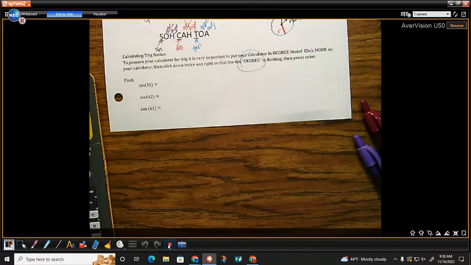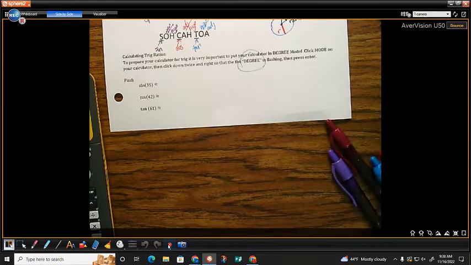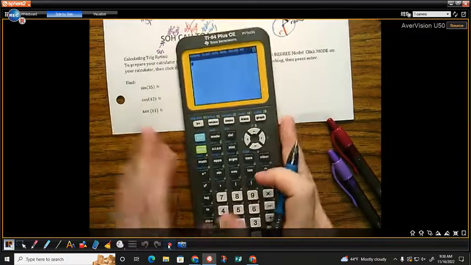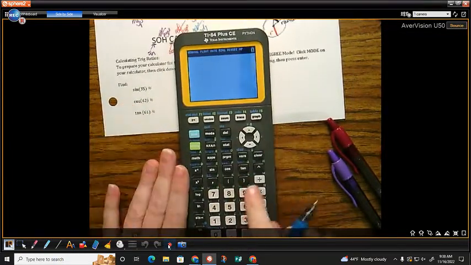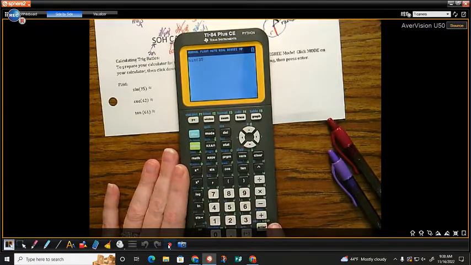What are we rounding to here? Let's go with 3 decimal places. I'm going to press the sine button, then 35, and then hit enter. Did y'all get 0.574?